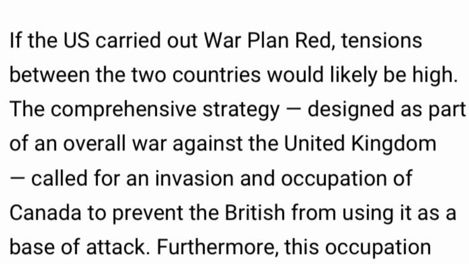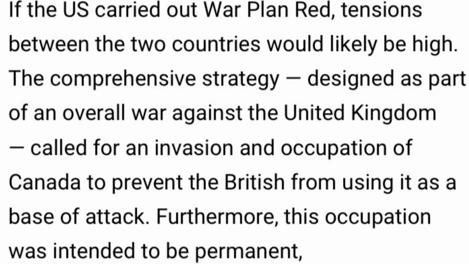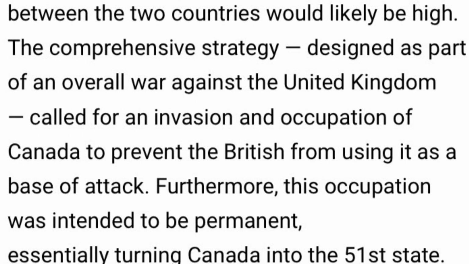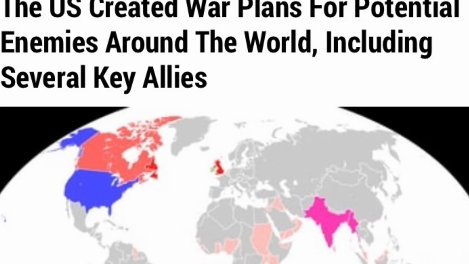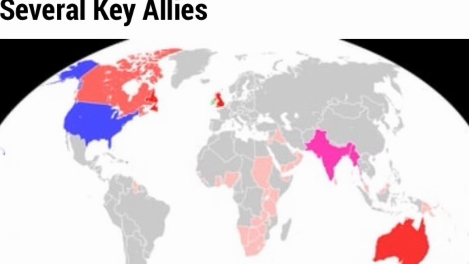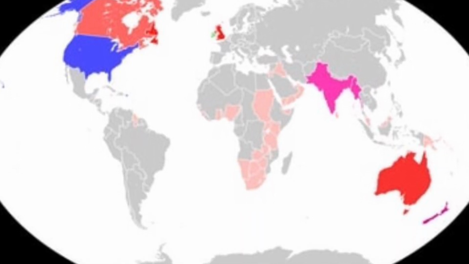Furthermore, this occupation was intended to be permanent, essentially turning Canada into the 51st state. The U.S. created war plans for potential enemies around the world, including several key allies.